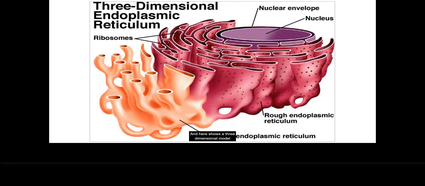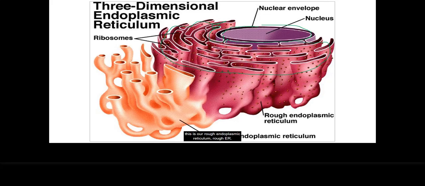And here is shown a three-dimensional model of the endoplasmic reticulum. Again, we see the nuclear envelope here. Then we see direct attachment to another membranous structure. First is this part with ribosomes on the surface everywhere.